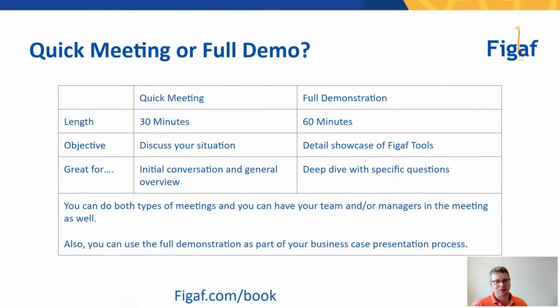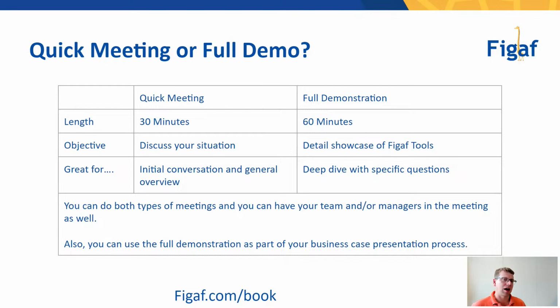And I guess that is the next slide here. Go to figaf.com/book and talk about how the tool could work for you, in a quick meeting. So here you can see, sign up for a session, and we can talk about what your scenario is, what it is that you want, and either do it as a 30 or 90-minute session where we would cover more details about how it works for you.